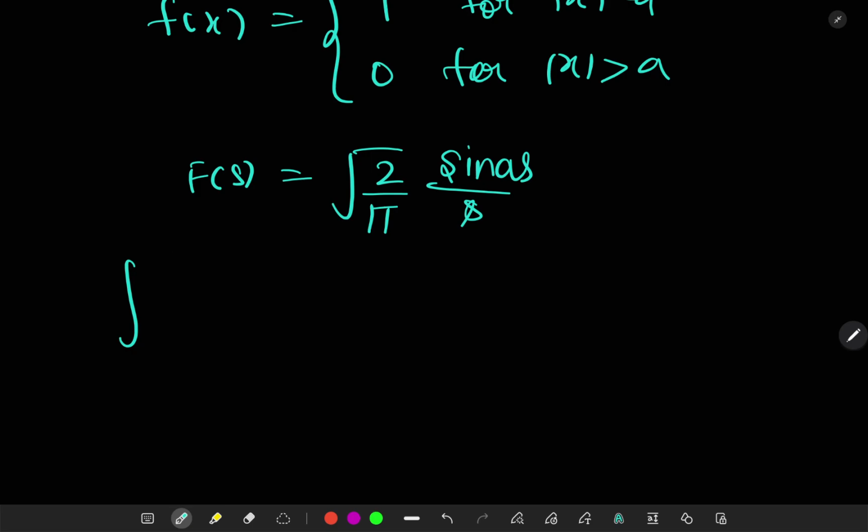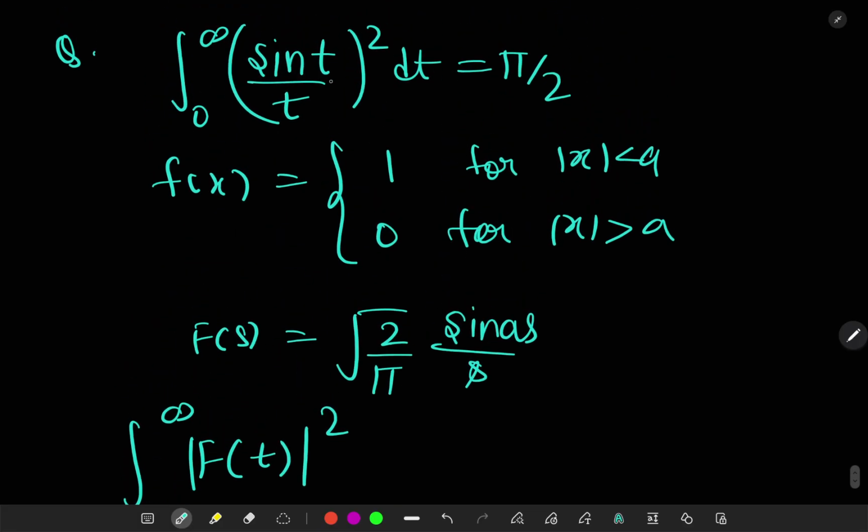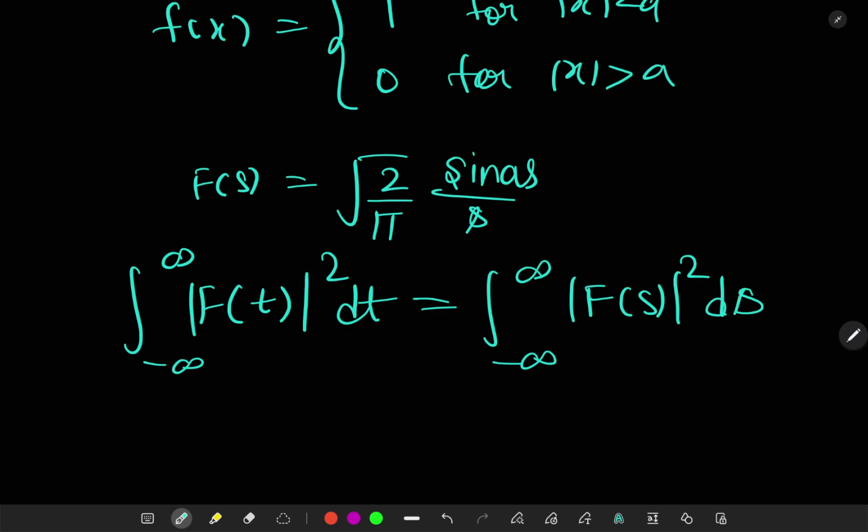Using Parseval's identity, the integral from minus infinity to plus infinity of f(x) squared, we write here t instead of x, because here you can see the function variable is t, so we use t here, dt is equal to the integral from minus infinity to plus infinity of |f(s)| squared ds.